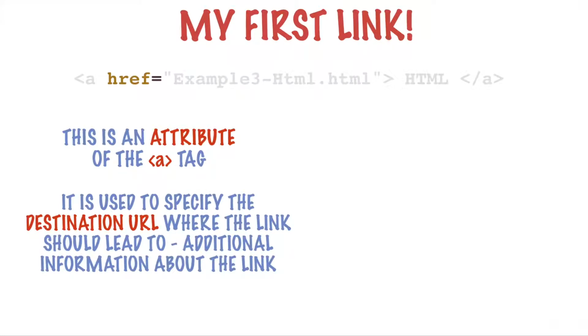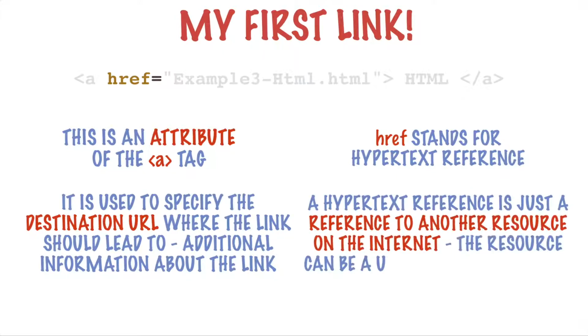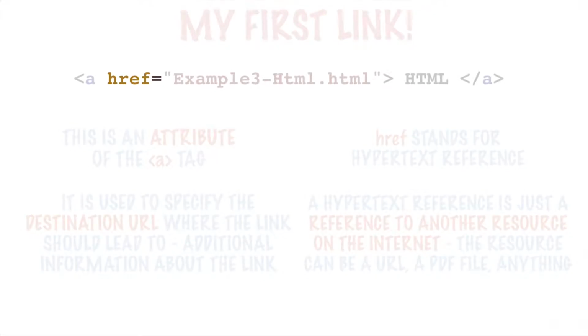Href is not a very intuitive word, but it appears all the time in HTML. Again, the href attribute of the opening A tag dictates the destination URL of this link. Href stands for hypertext reference, and it basically references some location which will be opened in the browser if you click on the link.